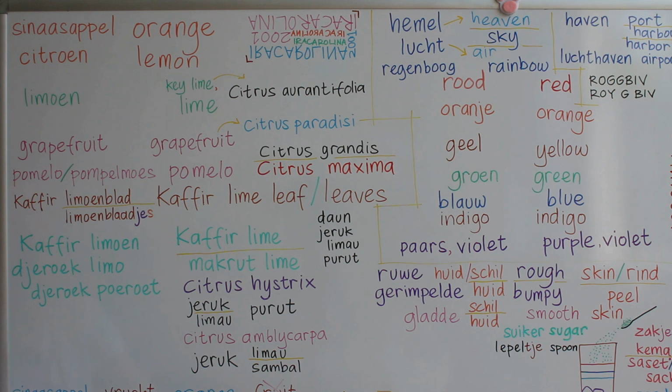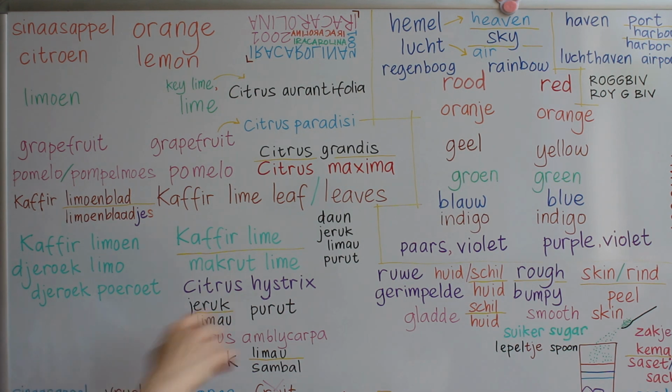And the Kaffir lime itself, sometimes in English we also say makrut lime. In Dutch it is Kaffir limun, because lime is limun. These are Indonesian words, but they change them into Dutch writing.